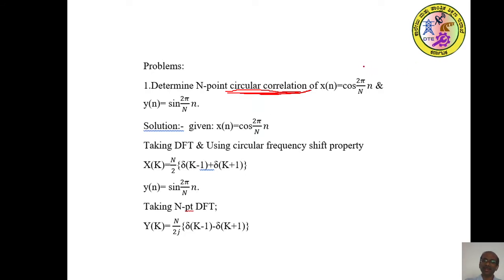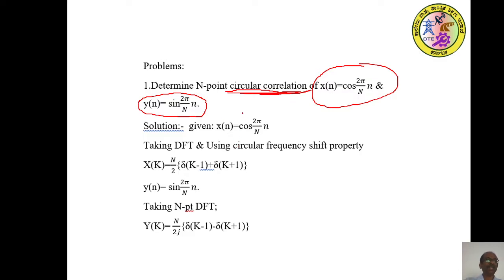Check here. We have given two signals x of n and y of n. This is very important. Check whether the problem gives one signal or two signals. If they have given two signals, then we are performing cross correlation. If they have given only one signal, we are performing autocorrelation.